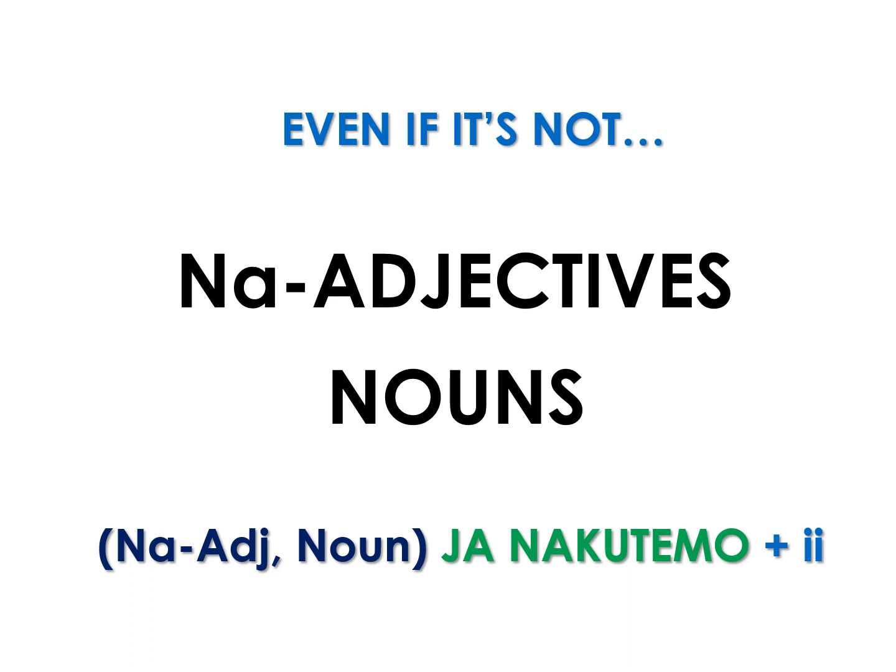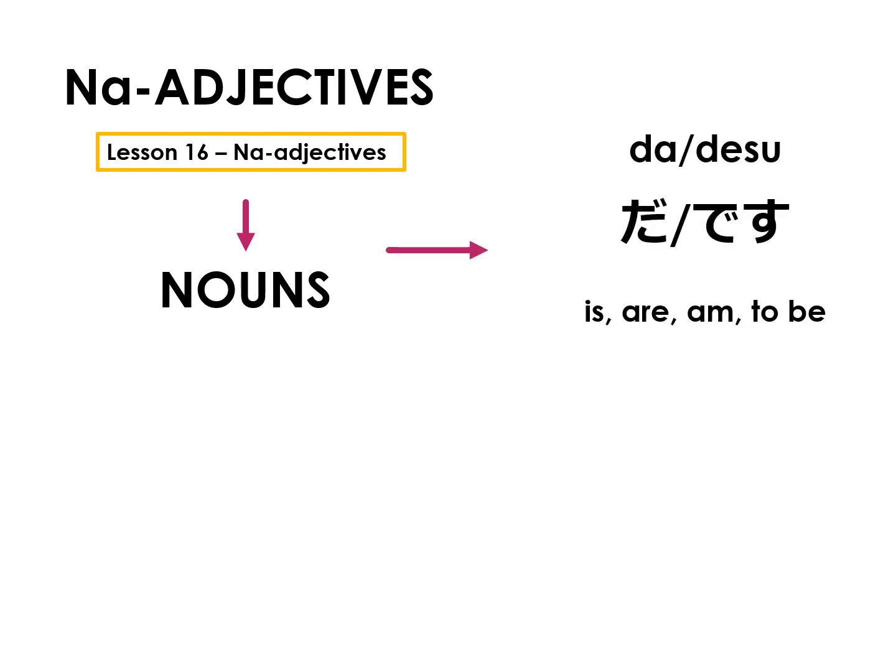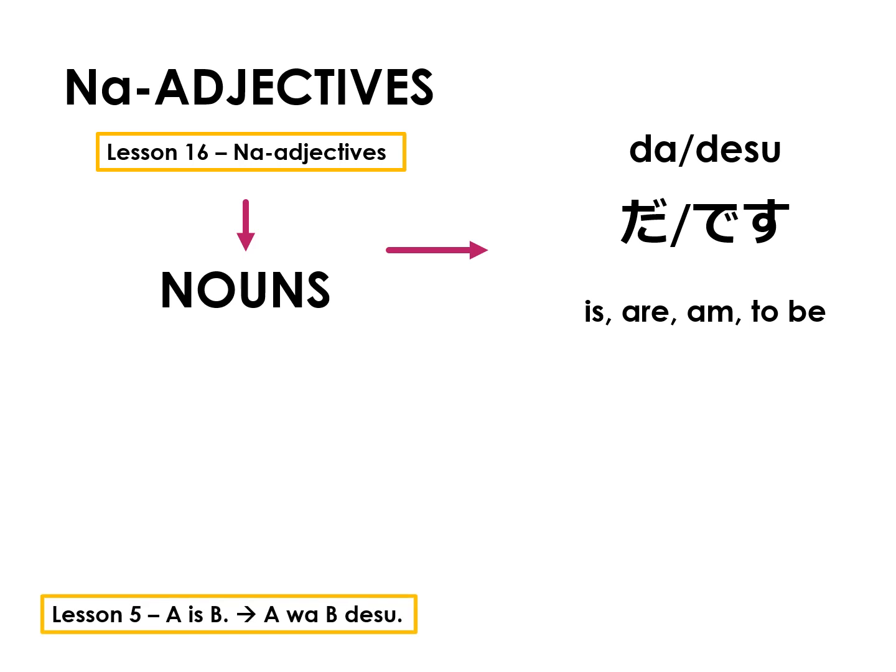じゃなくてもいい。We mentioned over several occasions, such as in lesson 16 on na-adjectives, that na-adjectives are grammatically nouns. And when you have a noun as the predicate in a sentence, we use the verb da or desu as our verb. This is the very first sentence structure you learned way back as early as lesson 5.